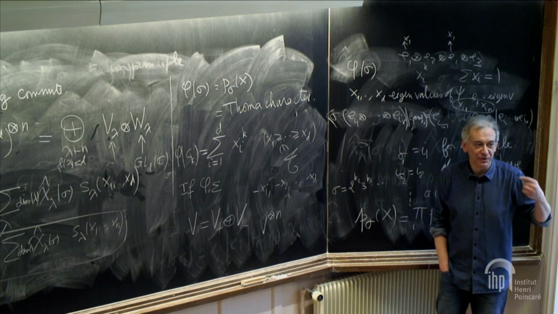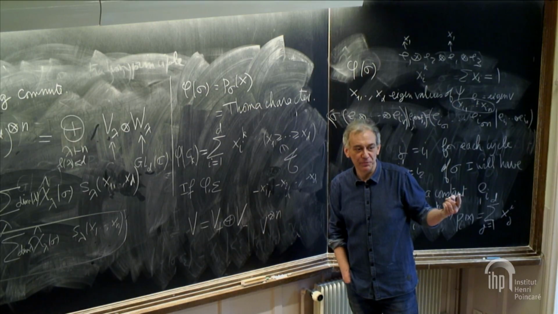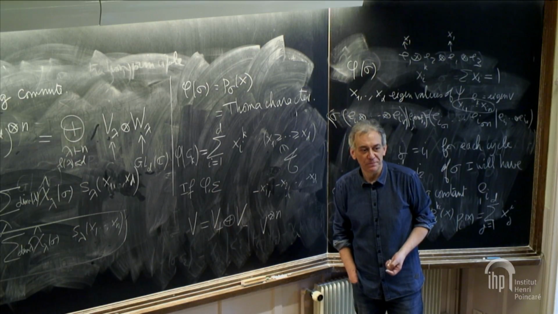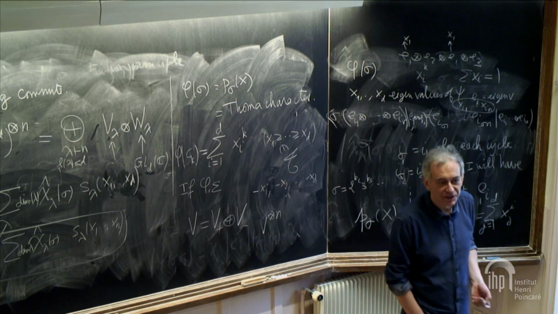Well, if you permute, you have E_i and F_i. If you permute the E, you can permute them. If you permute the F, you can add the signature. I'm sorry, I'm confused. What is exactly phi?